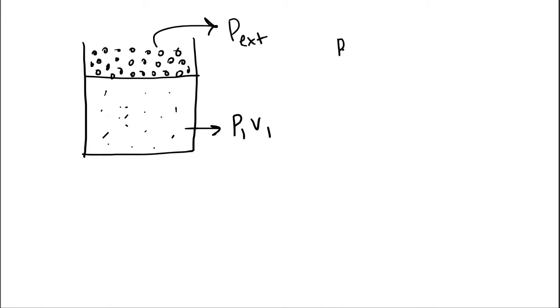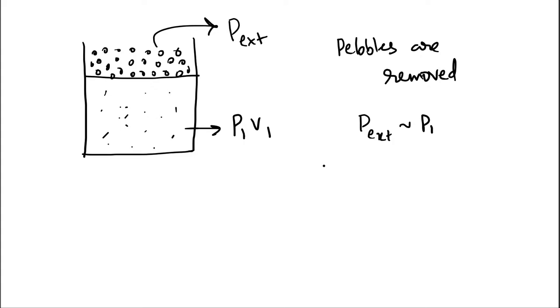So when pebbles are removed in a gradual manner, P external is slightly smaller than P1. That means P external is P1 minus dP. Therefore the system expands a little bit, by dV.